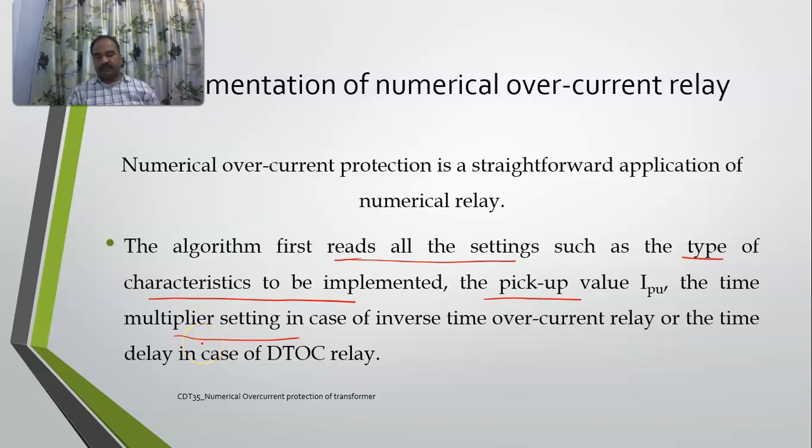If it is not an inverse relay, then you will have just a time delay. In case of a definite time overcurrent relay, you will have a time delay. In case of an inverse relay, you will have a time multiplier setting. So, what are the things which you must know before you start implementing?